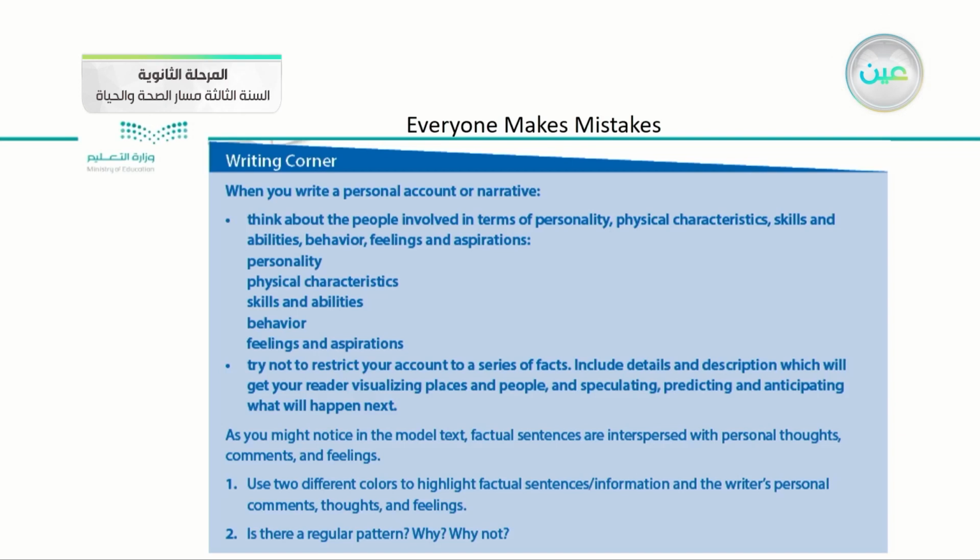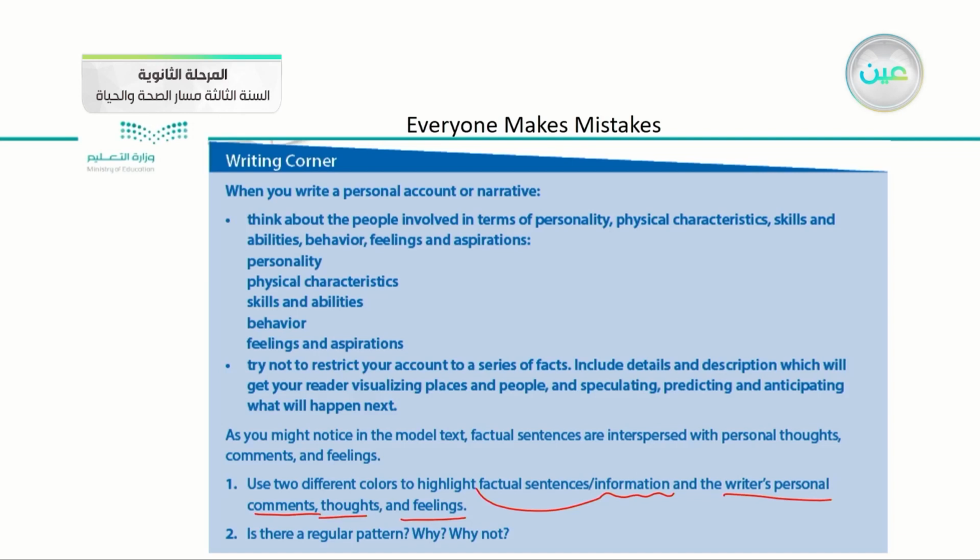Use, for example, number 1, use 2 different colors to highlight factual sentences or information and the writer's personal comments or thoughts and feelings. So we listened to different things: factual sentences or information, the things that happened, and the writer's personal comments, thoughts, and feelings.